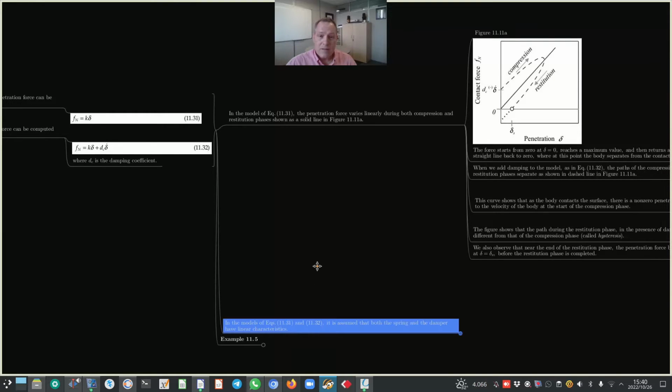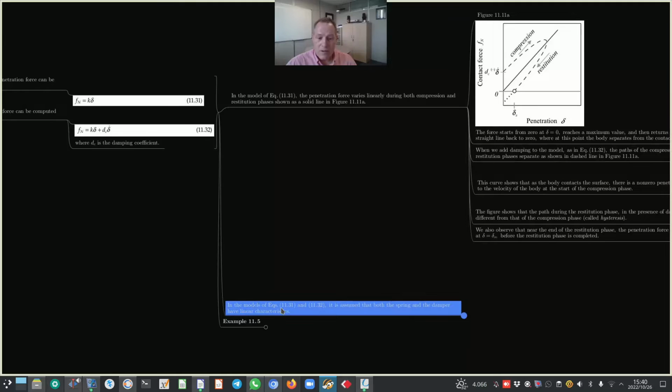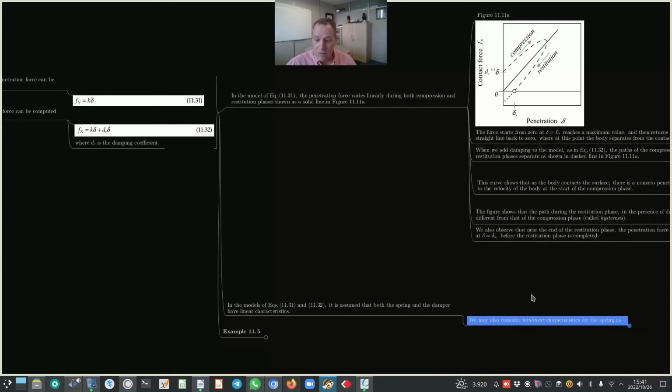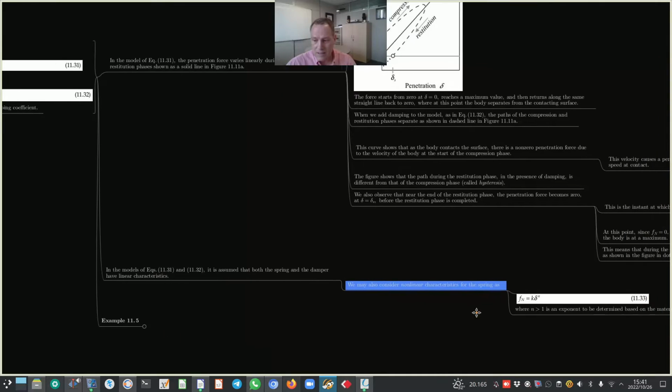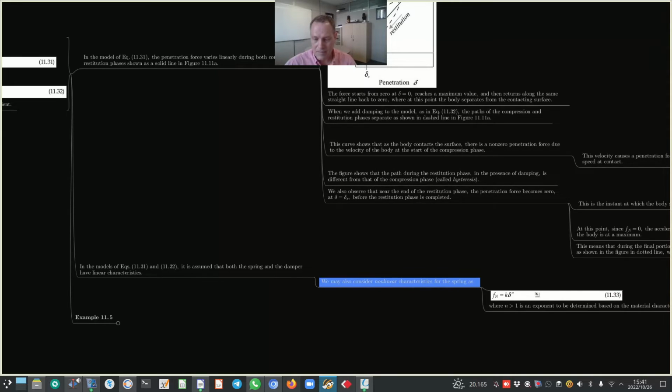Right, so just to continue a little bit on that, in the models of equations 11.31 and 11.32, it is assumed that both the spring and damper have linear characteristics. We may also consider nonlinear characteristics for the spring as shown here in equation 11.33.